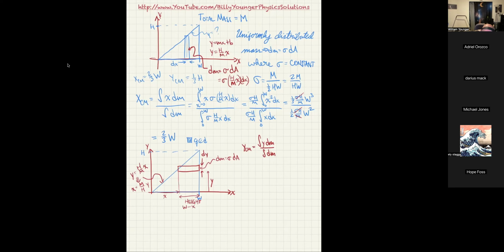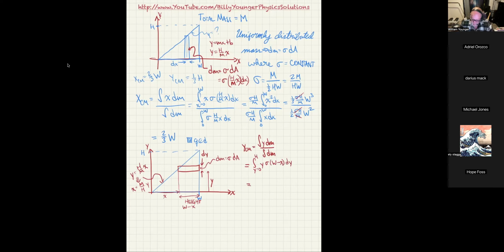Okay? So now I'm going to continue and say the integral from y equals 0 to h of y. Now my dm is going to be sigma times, now I'm going to do my w minus x. So this is w minus x, and then times dy, because the w minus x is the width of that rectangle and the dy is the height of that rectangle.